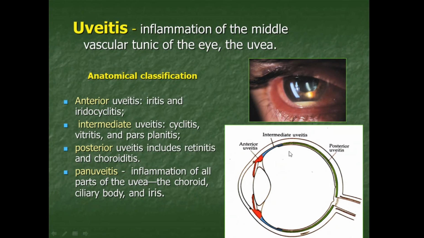You can say, oh, retina, it's not a middle layer, it's the internal layer. But choroid and retina have a very good connection, and to tell the truth, we never have just retinitis or choroiditis. Usually we see chorioretinitis. And panuveitis is inflammation of all parts of the uvea: choroid, ciliary body, and iris.